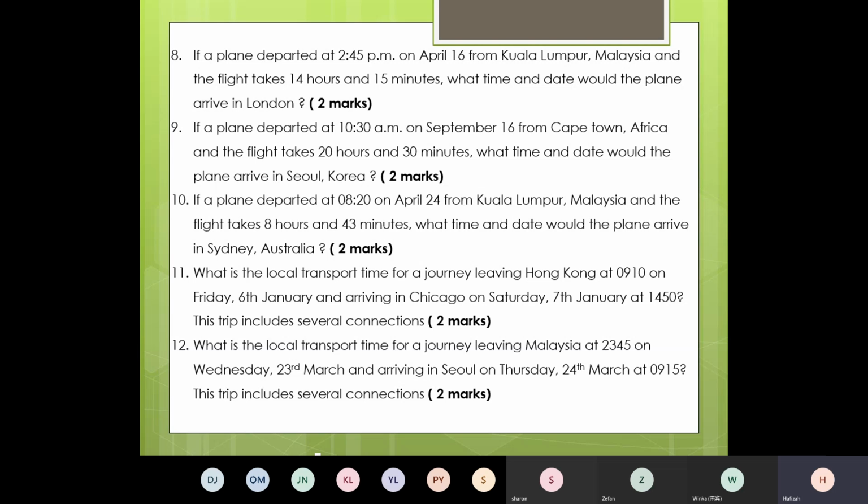So the trip includes several connections. So how many hours does it take? 19 hours, 40 minutes. Are you sure?